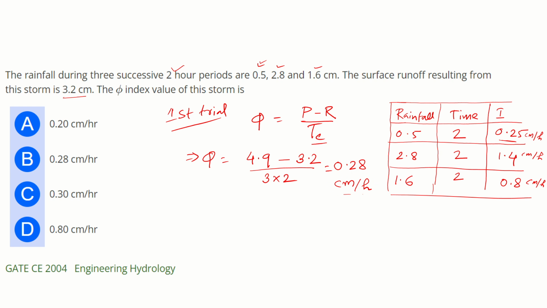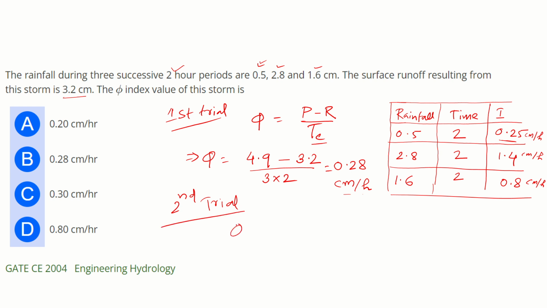If rainfall is more than phi index then that will be runoff. If rainfall is less than phi index, that will be infiltration. In the first 2 hours the rainfall intensity is less than phi index. That means there will be no runoff here. This will be totally infiltrated. So we have to go for a second trial.